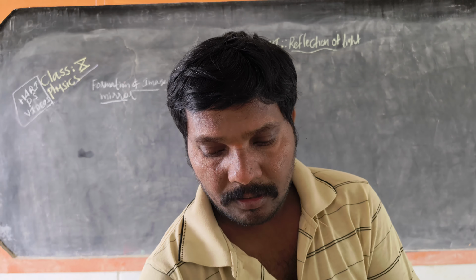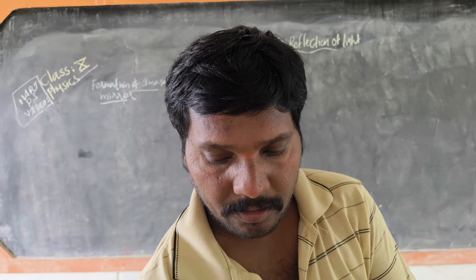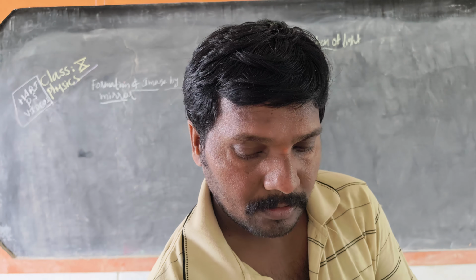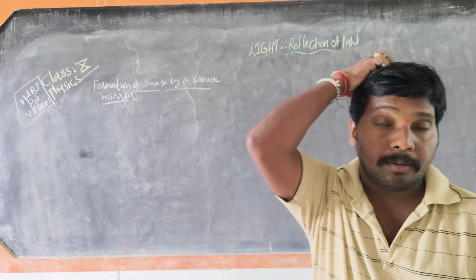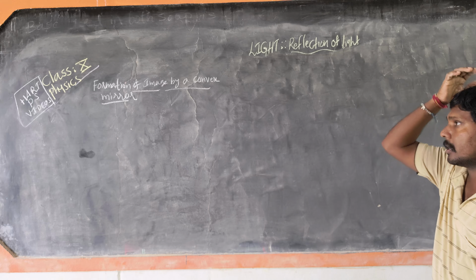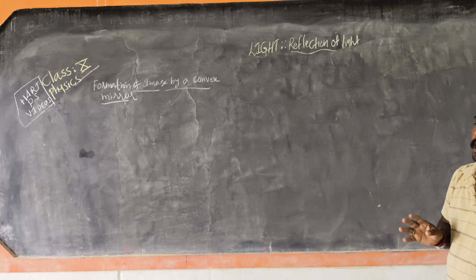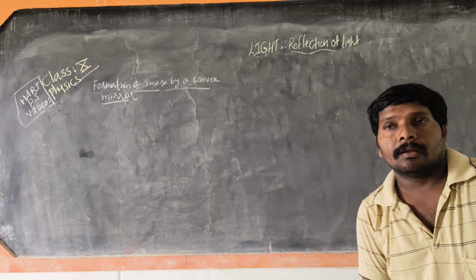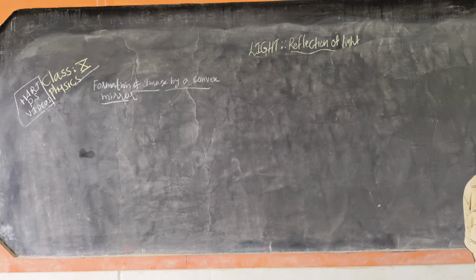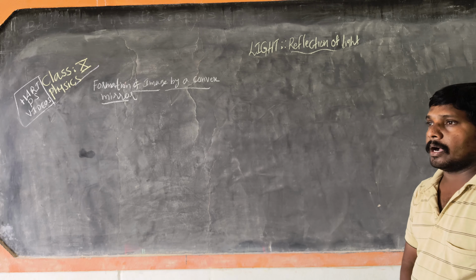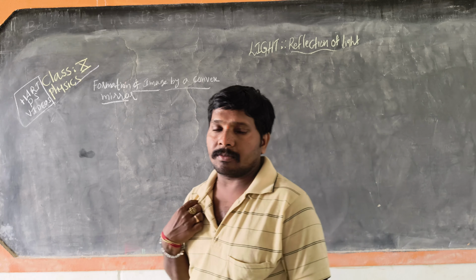Then in this session we will learn how the image is formed by a convex mirror. As we already discussed in the previous video, the rules for obtaining image by a concave mirror as well as convex mirror.